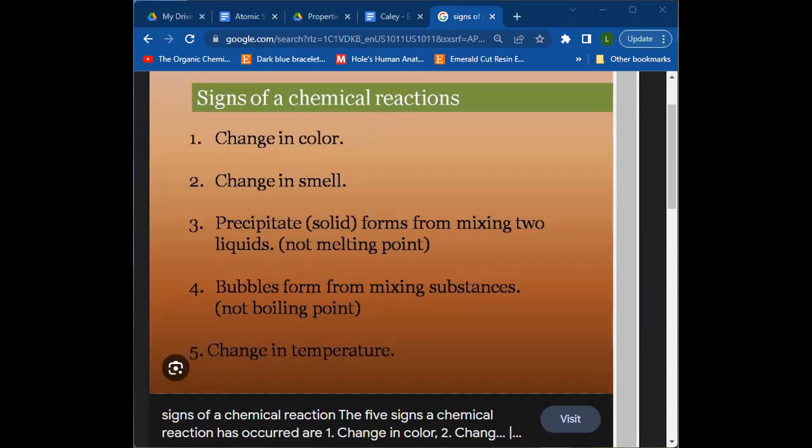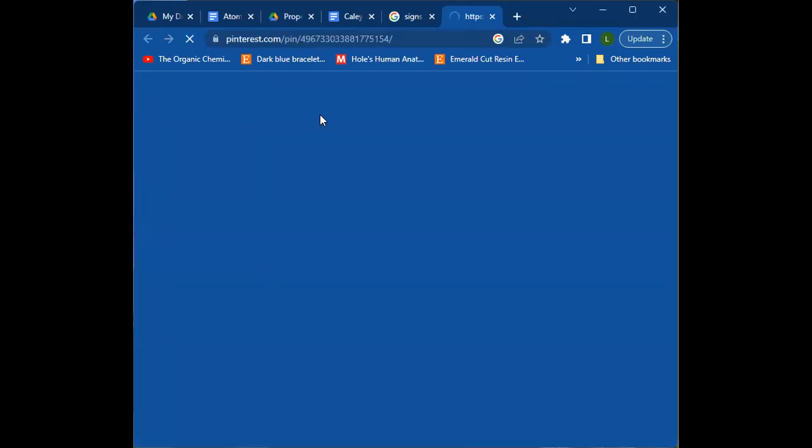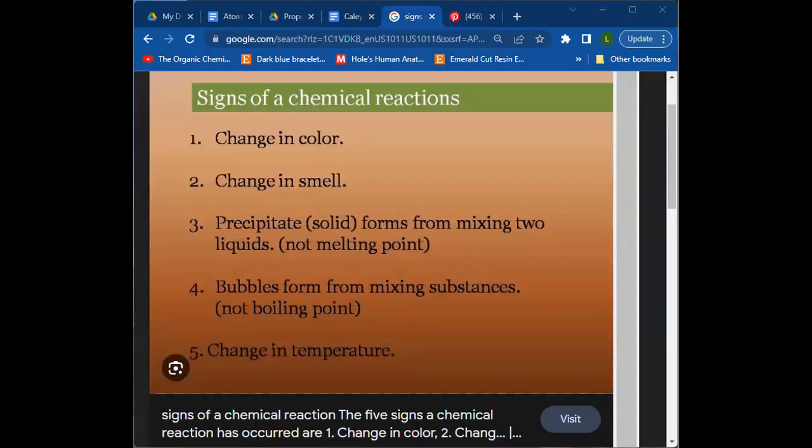Okay, and then change in smell. A precipitate or solid forms from mixing two liquids. Basically, if you mix two liquids and then a solid forms after that, then that's a sign of a chemical reaction. And then bubbles form from mixing substances.